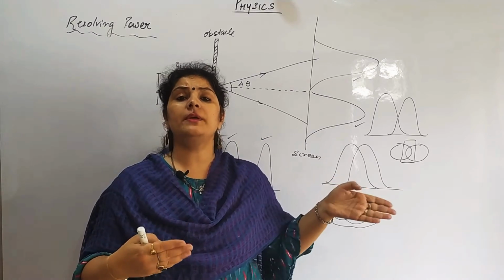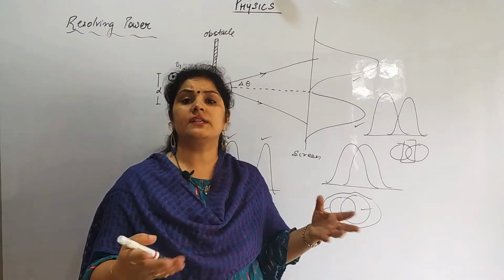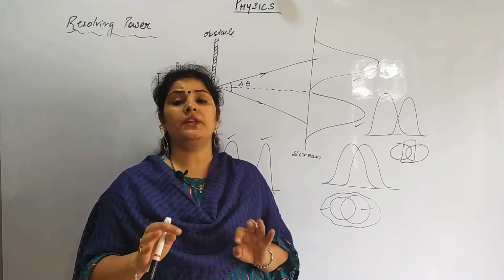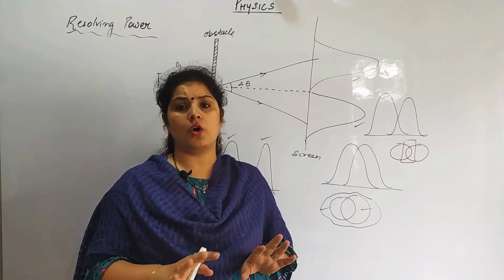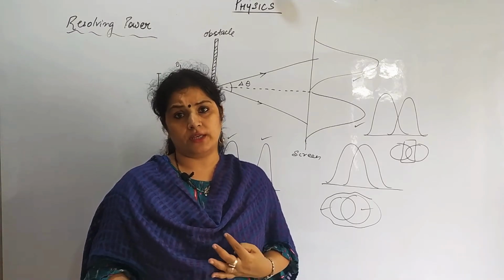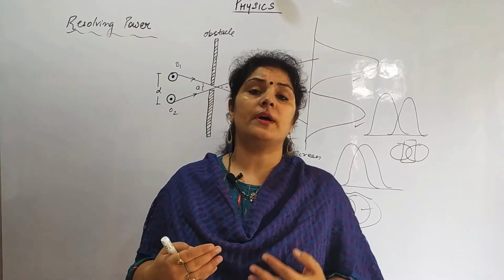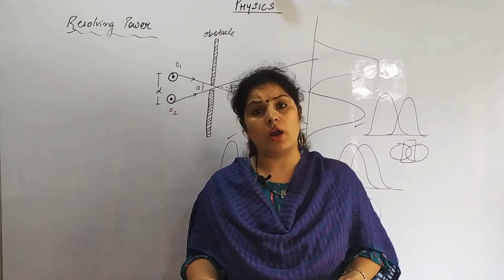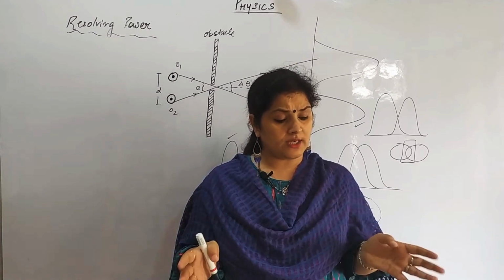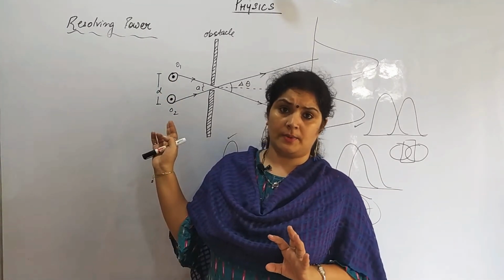They will not be able to resolve where the mitochondria are, where the cell is, where the Golgi bodies are, and so on. Until the optical instrument resolves completely, we cannot get a clear image of the object, right? So we may define resolving power as the ability of an optical instrument to form two distinctly separate images of two objects which are kept nearby, right?